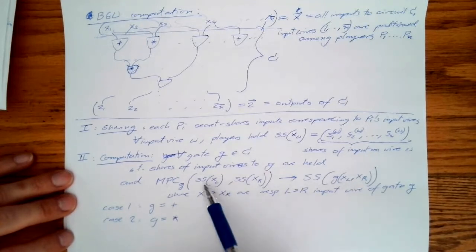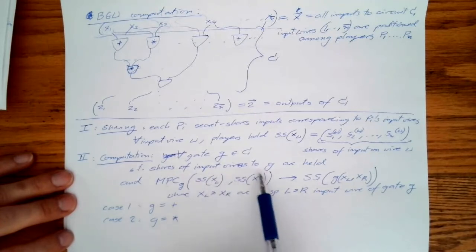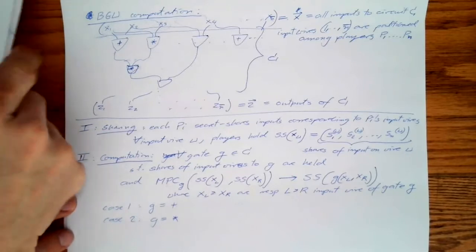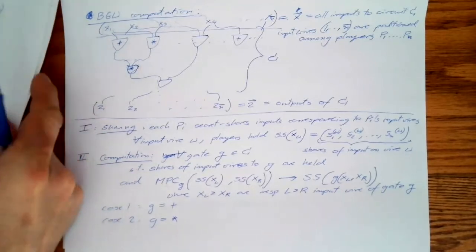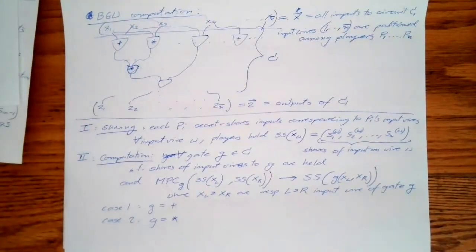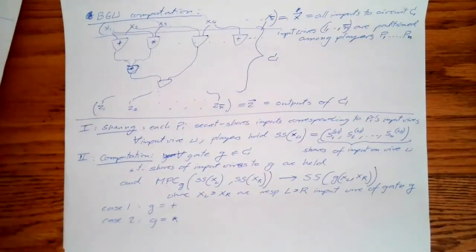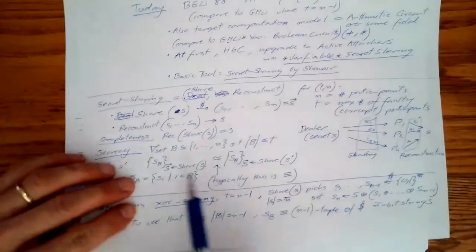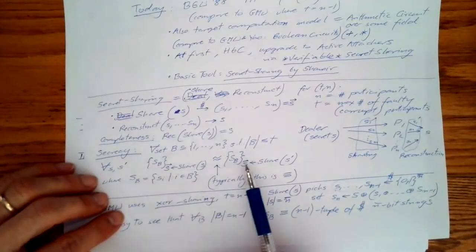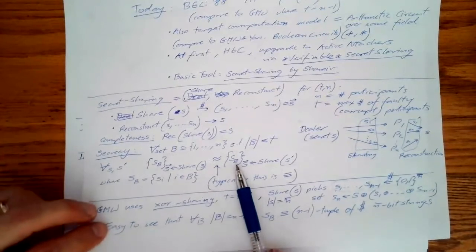But now, if these are secret sharings, then their inputs and their outputs are independent of the actual shared values, right? That was what we argued for Shamir secret sharing, the crucial secrecy property, which is that shares of any set of bad players are independent of the shared value.